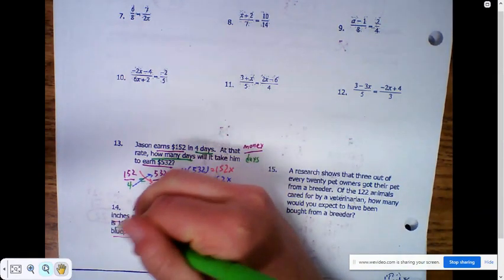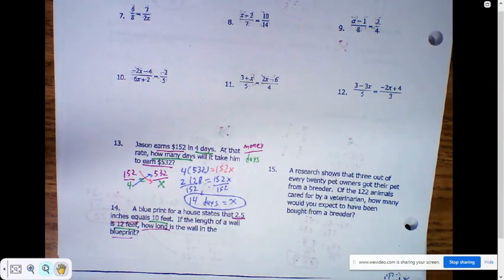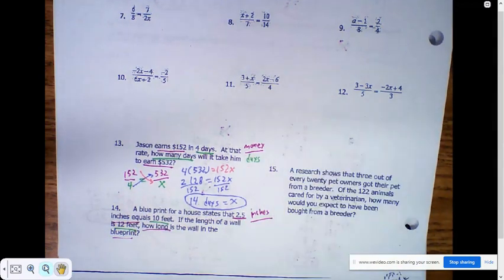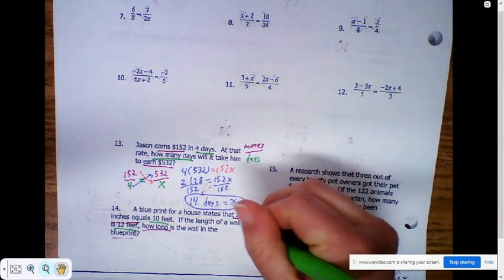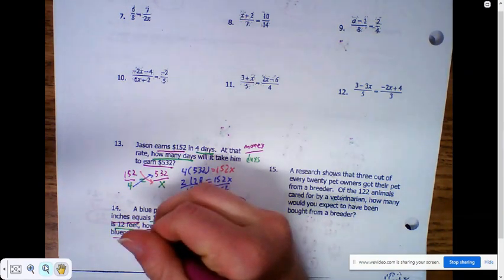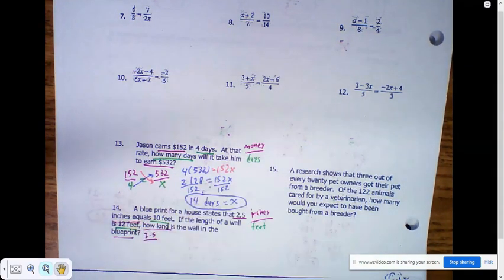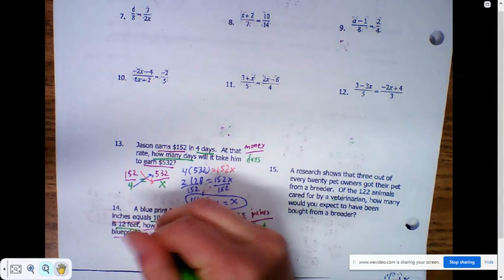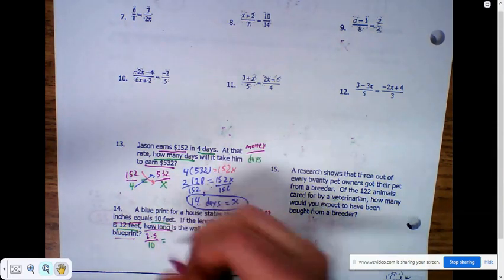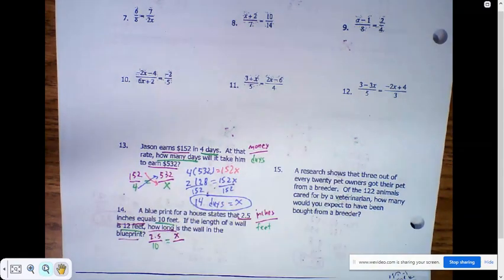That's the actual house. So I'm going to do inches over feet. So I'm going to have 2.5 divided by 10. And then I don't know how long the blueprint is, so that's x, but it's 12 feet.